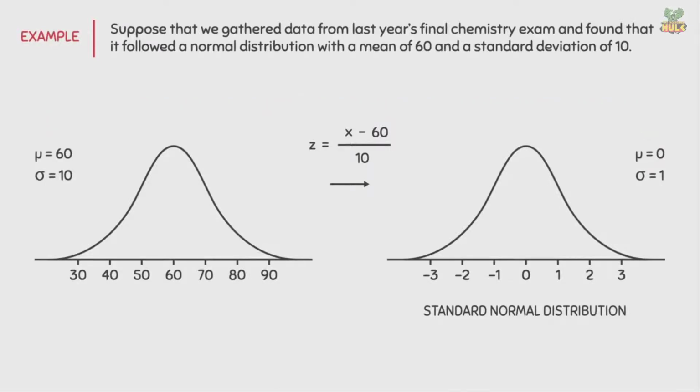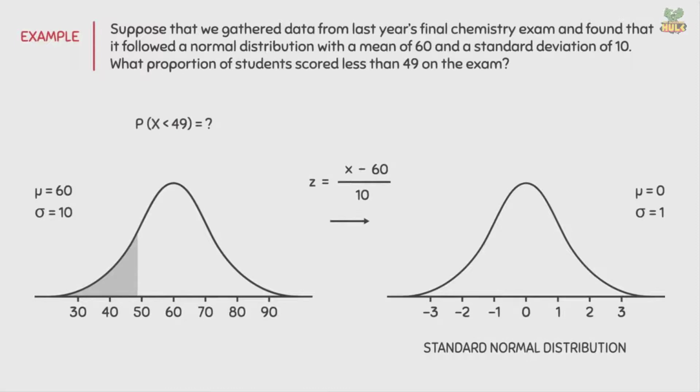Now, if I asked you what proportion of students scored less than 49 on the exam, it is this area that we are interested in. However, the proportion of x less than 49 is unknown until we use the standardization formula. After plugging in 49 into this formula, we end up with a value of negative 1.1. As a result, we will be looking for the proportion of z less than negative 1.1.